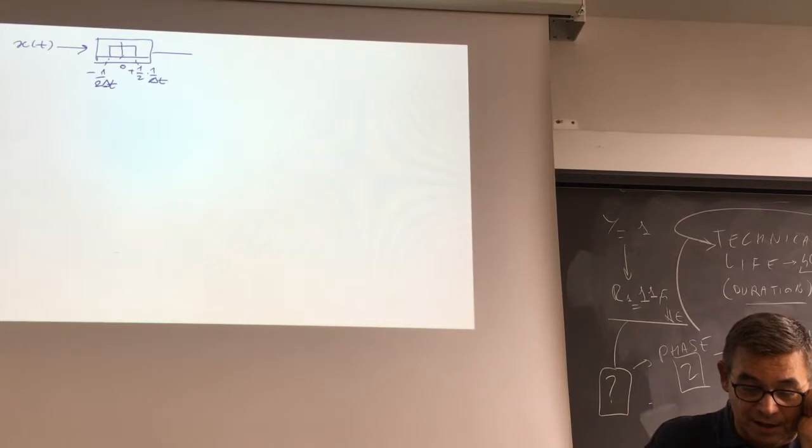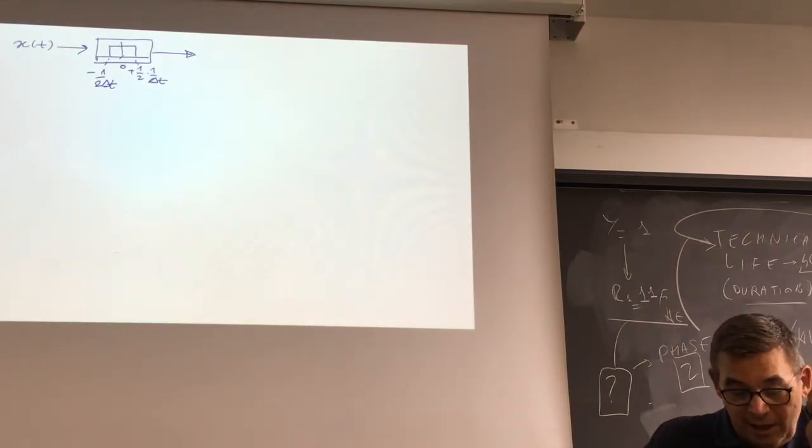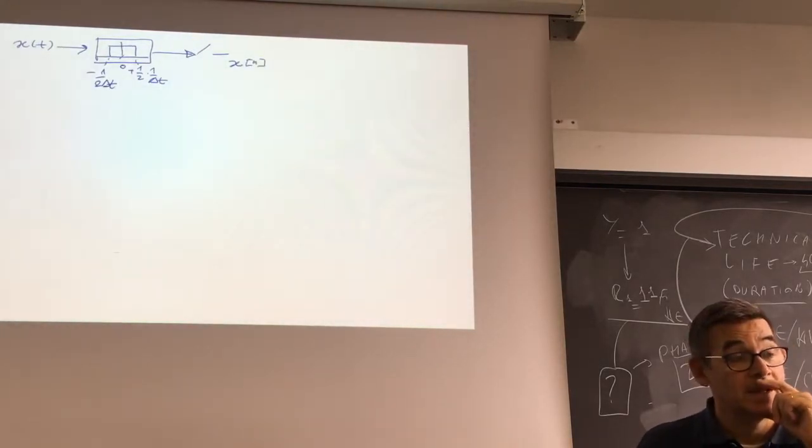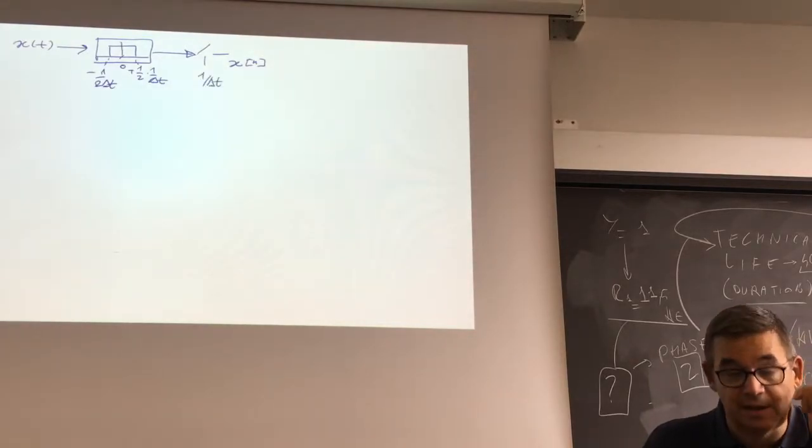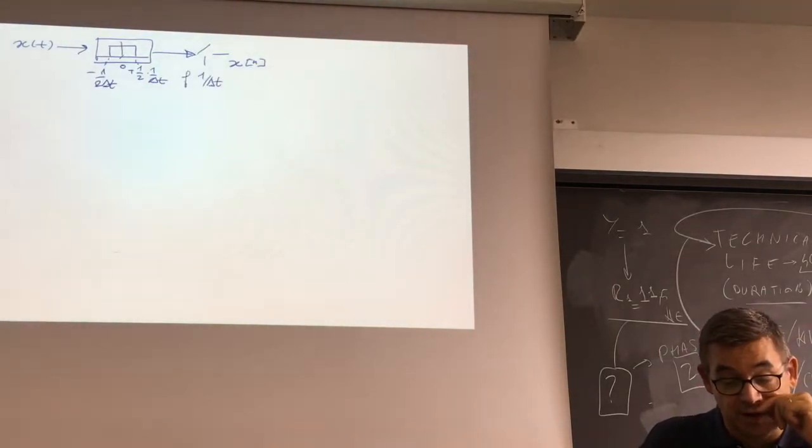Now, what comes out here is I sample, and what I get is x[n], the sampled one. So now the sampling frequency is 1 over delta t, the sampling frequency f sampling.